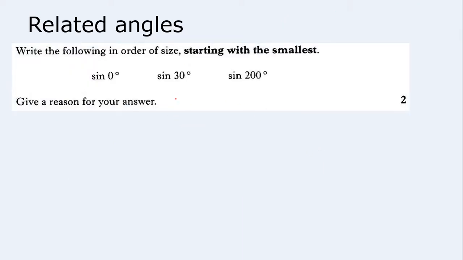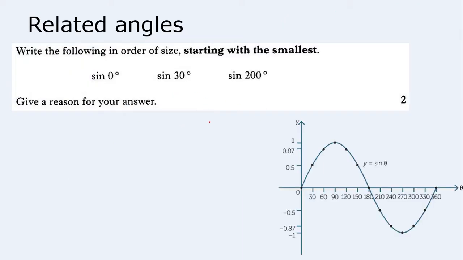Okay, again, they might ask you it with sine, and again, we could quickly sketch a sine graph. Sine of 0 is here. It's 0. Sine 30, well, it's positive, and sine 200, it's going to be around here, which is negative.